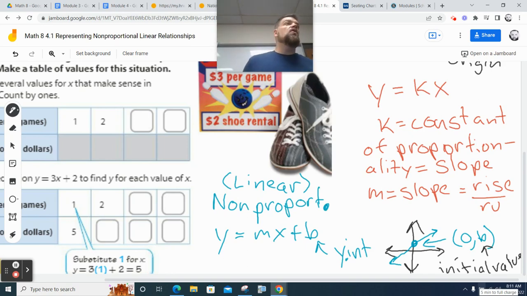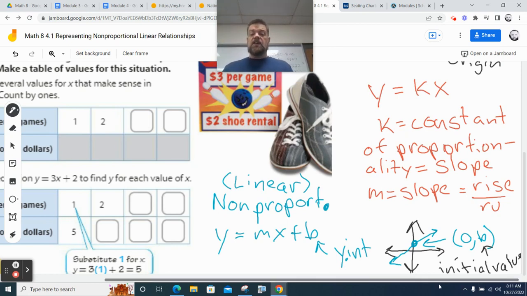How much does it grow by every week? $2. And then I make an equation that I could plug in how many weeks I'm going to put money in my account, and that equation will tell me how long I need to put money in my account to get $200 or whatever the case is. Now, I wanted to preface that because that's what we're going to do in our example.